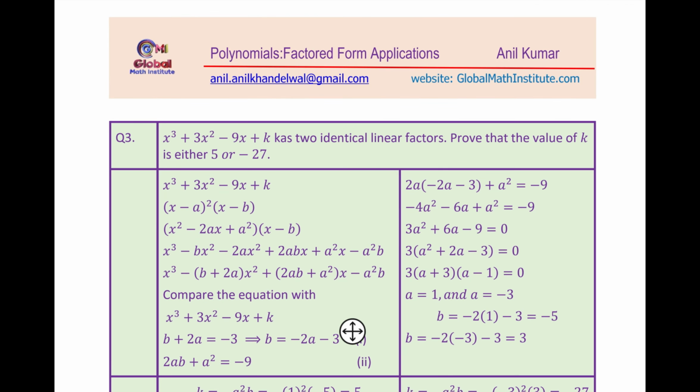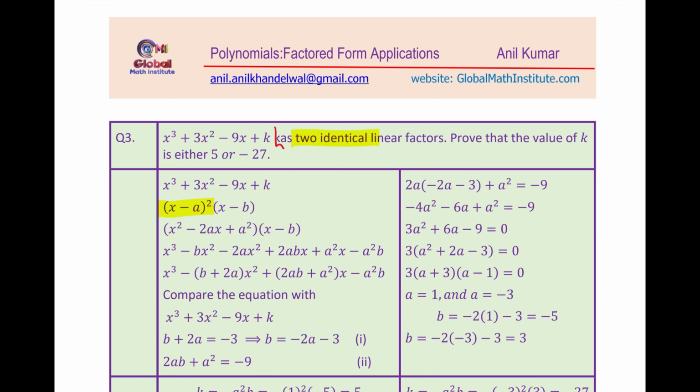Perfect. Here is the solution, exactly what we did. So we have this equation, x cubed plus 3x squared minus 9x plus k. Since we know that it has two identical roots, we have taken that root at a. So x minus a whole square becomes the first factor, x minus b is the other factor.